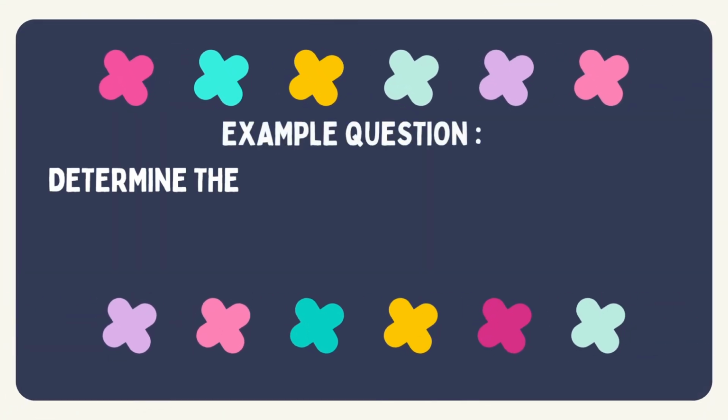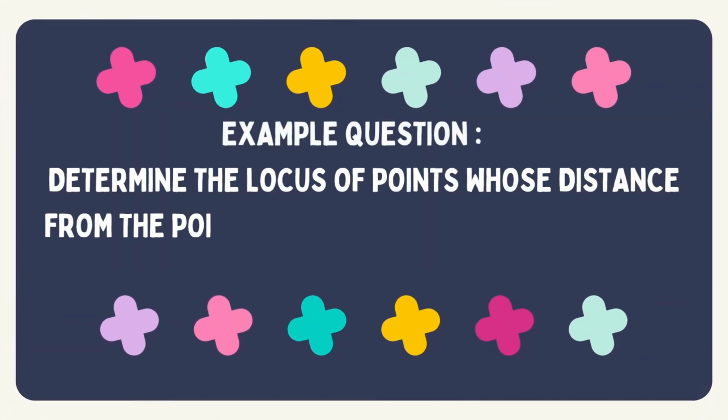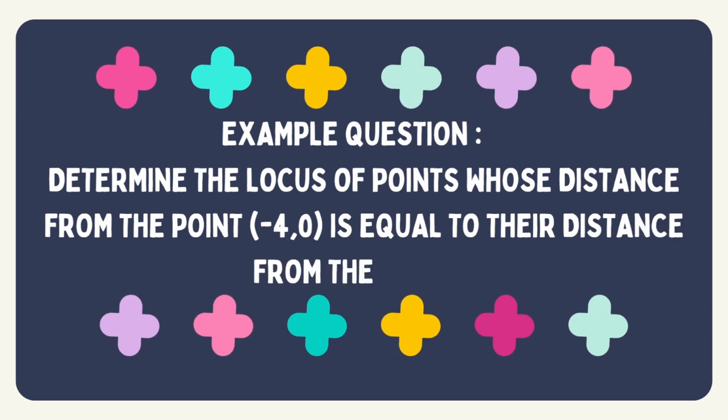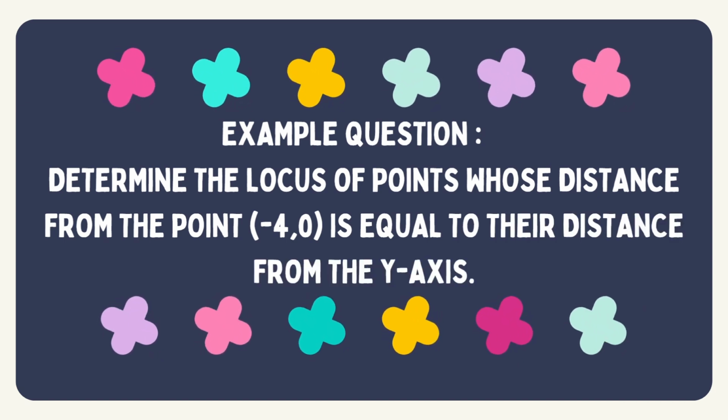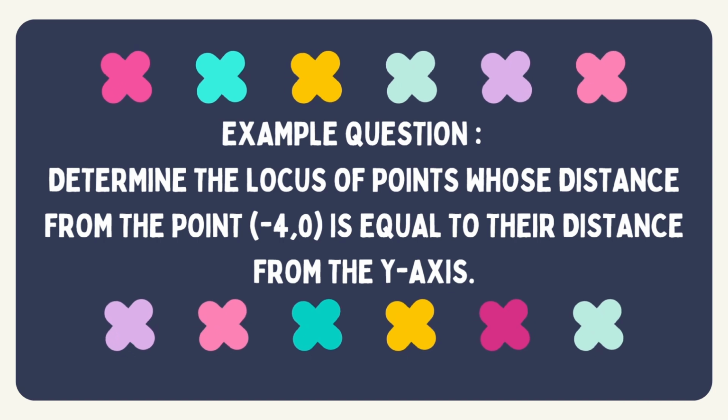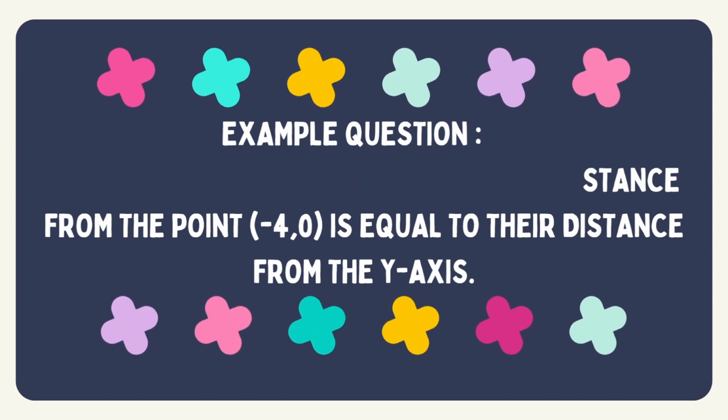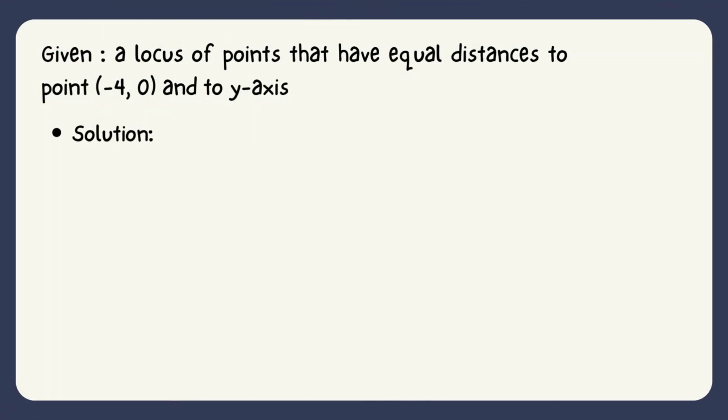Example question: determine the locus of points whose distance from the point (negative 4, 0) is equal to their distance from the y-axis. From the question, we are given a locus of points that have equal distance to the point (minus 4, 0) and to the y-axis. Solution: first, choose any point.